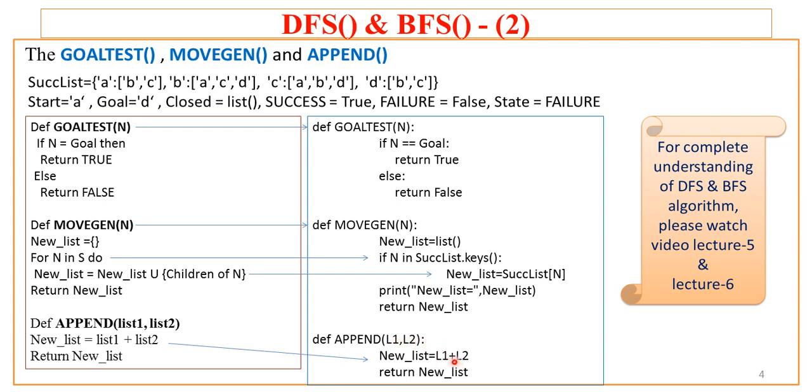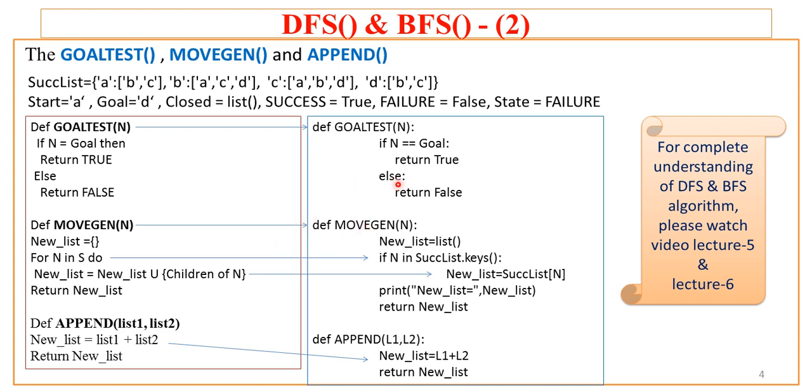Two list variables L1 and L2 are taken, and the simple plus operator helps us achieve the task of append, because the plus operator has the capability to append the two lists L1 and L2, which are the operands of this operator. This successful concatenation of two lists is done and stored in new list, and that is returned to the main algorithm.